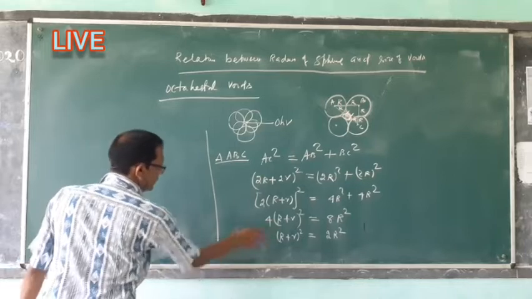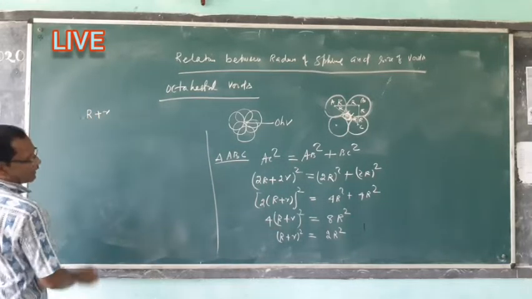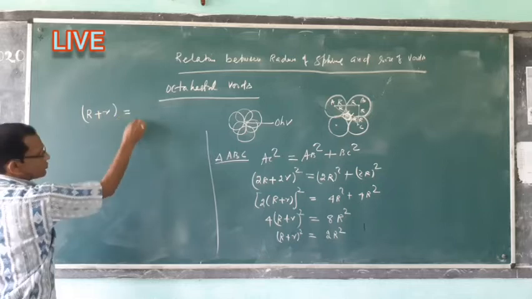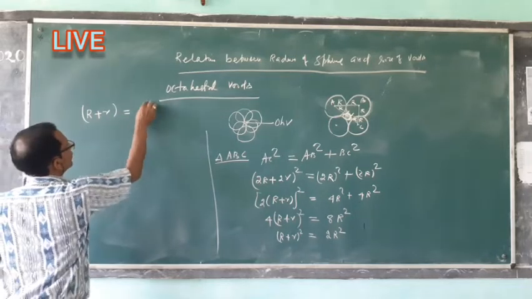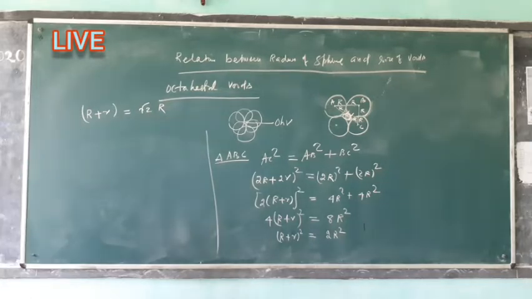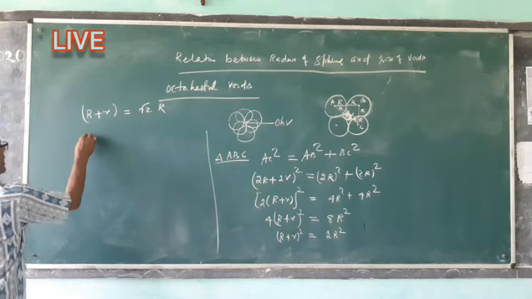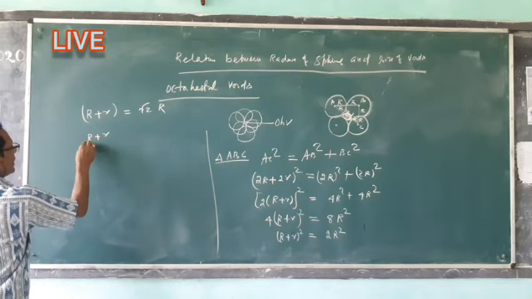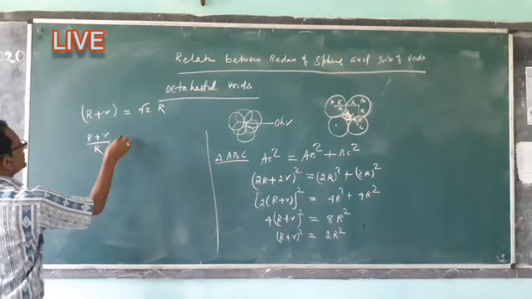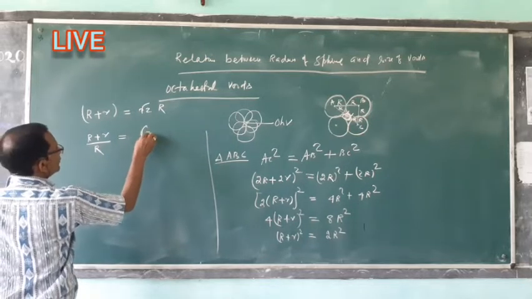Now R plus r is equal to root 2 R. Now divide R on both sides. R plus r by capital R is equal to root 2.